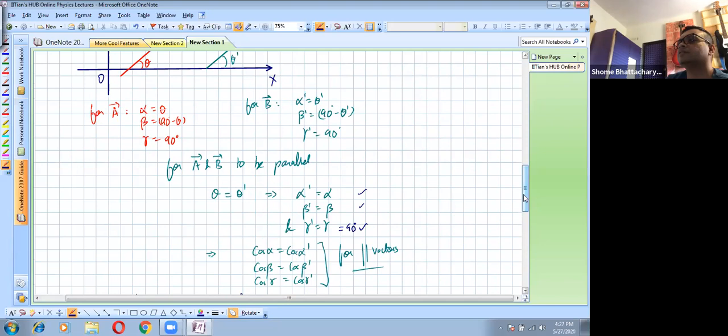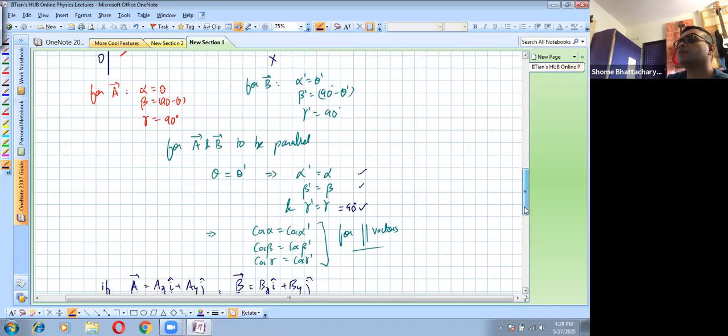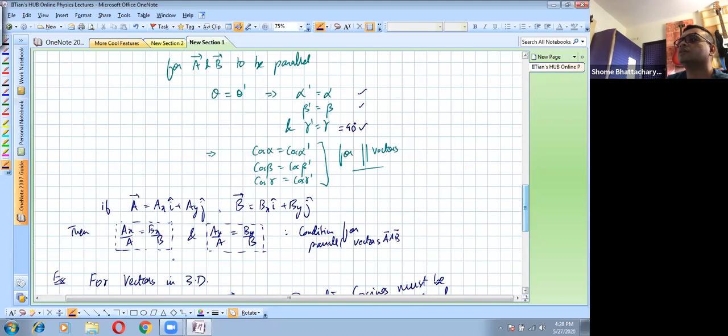So the two vectors, for them to be parallel, this is the condition in terms of alpha, beta, and gamma. Now, once you apply that alpha, beta, gamma thing, you can see that if the vectors in 2D were given as ax i cap plus ay j cap and bx i cap plus by j cap, this is what it meant.